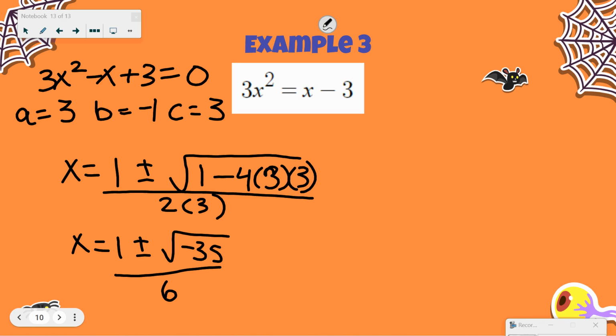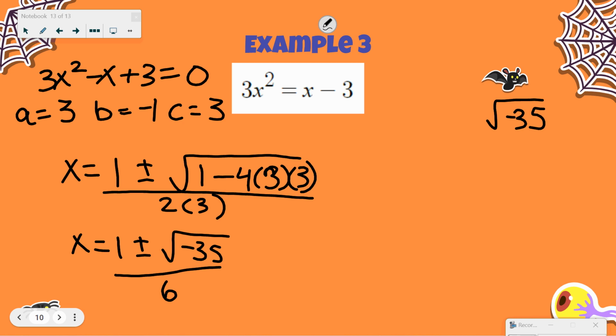Remember, now I can tackle that negative inside my radical. So if I have the square root of negative 35, can I break down 35 anymore? Does that have any perfect squares? No, right? It's just 5 times 7, and those are both prime. But I do know I can simplify it because it's negative. So how can I simplify the square root of negative 35? What would that be equivalent to?